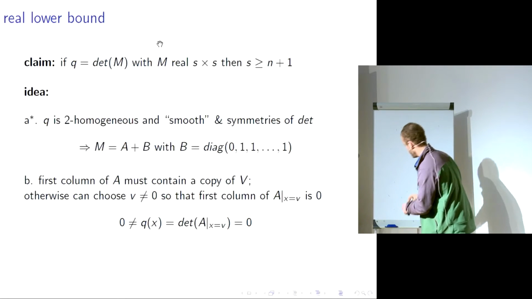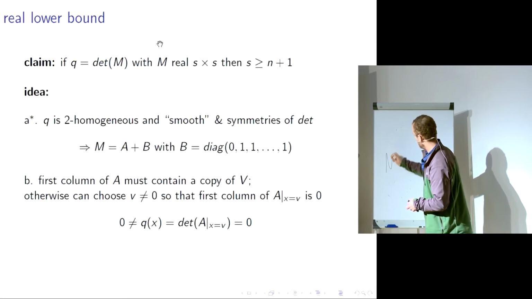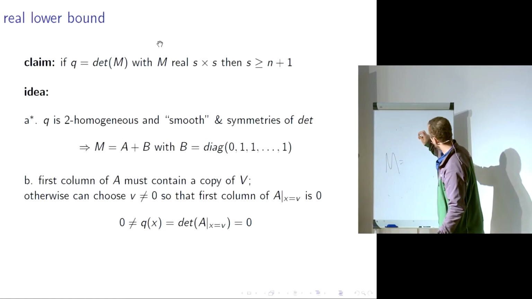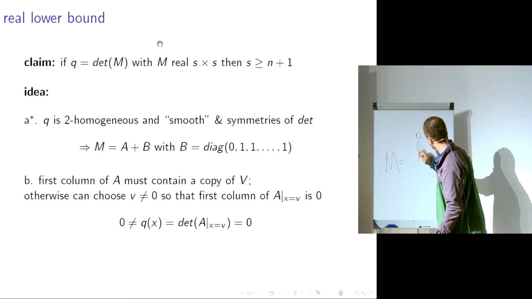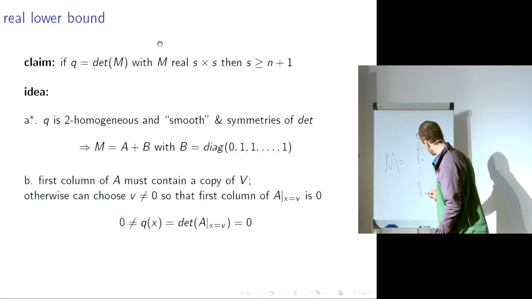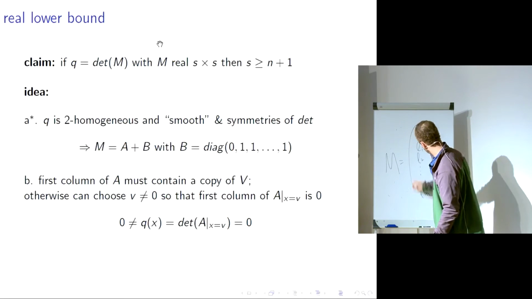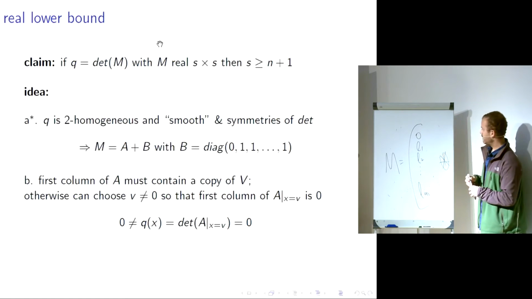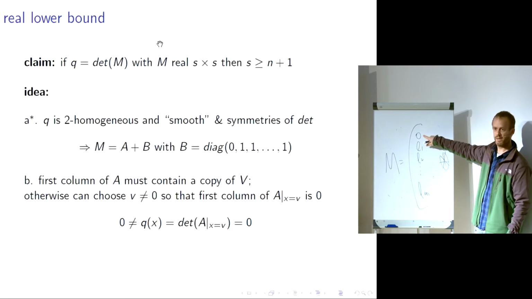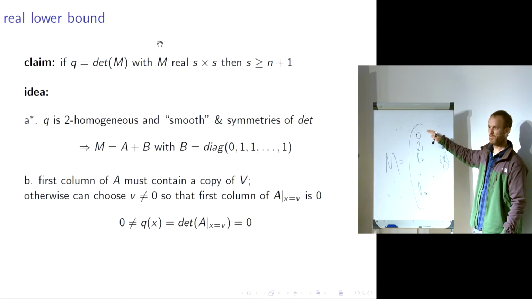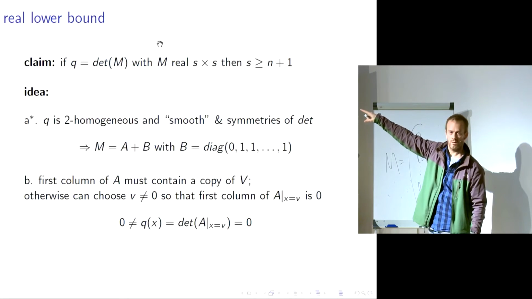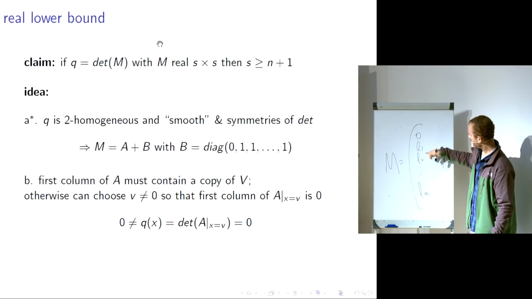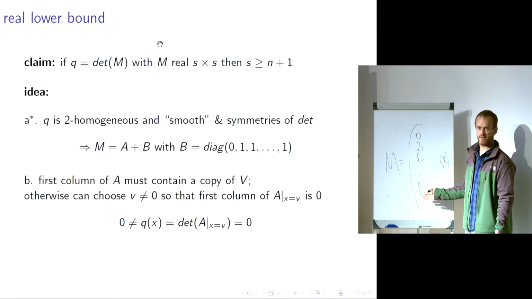So we look at this matrix M, and we look at the first column of this matrix. The first entry is 0 because of B. The other entries are some linear functions in x.